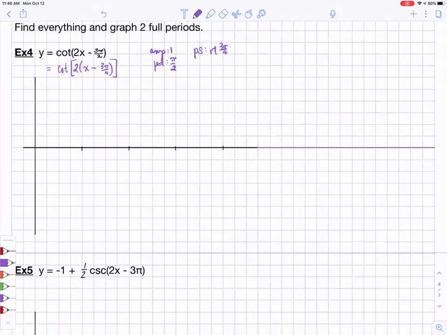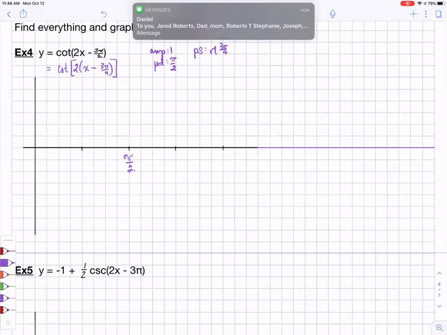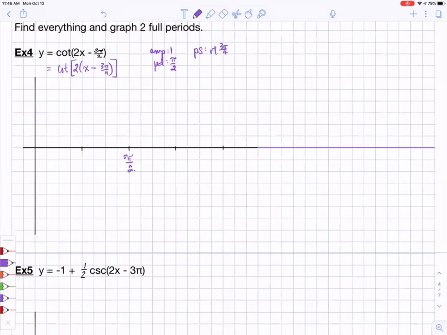I'm going to agree with the pi over 2, but then that's the end. When I say where's the ending, that's the ending of what? The first period. Yeah, so pi over 2 is the ending of the first period. And then what's the ending of the second period? Yeah, pi.